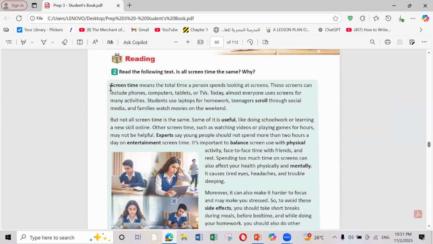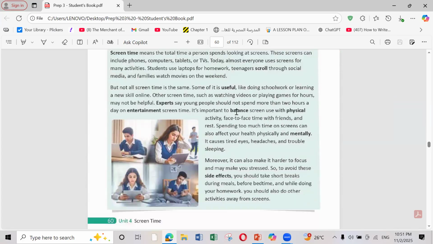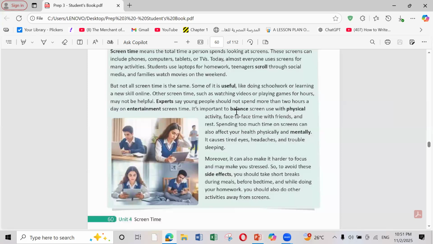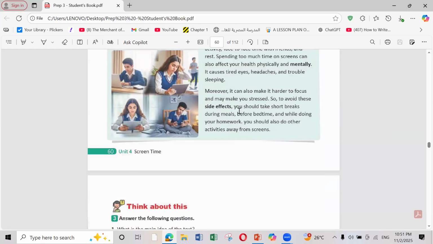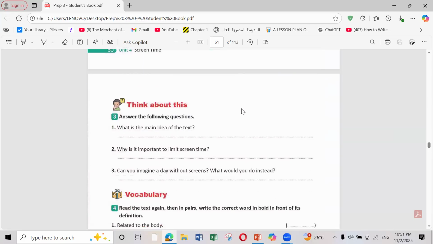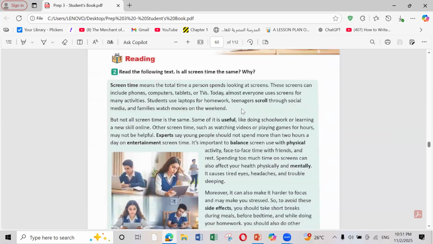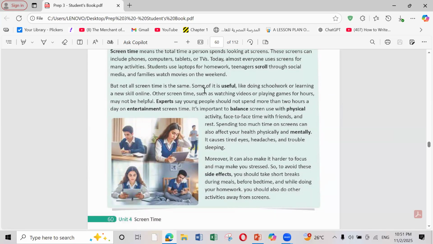You have to read the whole text and then find out what the text is talking about. Here, the right answer to this question is the advantages and disadvantages of staying in front of screens, or screen time, the advantages and disadvantages of screen time.